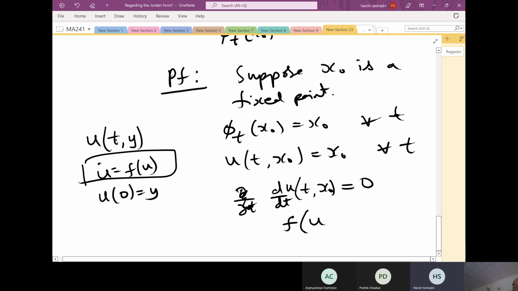So I would take this at t equals 0. So at t equals 0, I get f of u of 0 equals 0. But f of u of 0 is f of x naught.